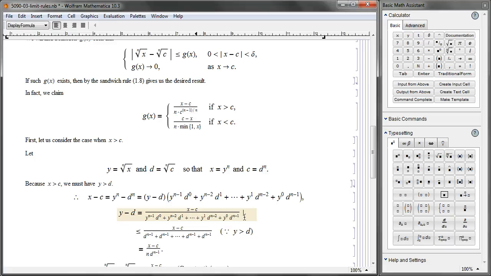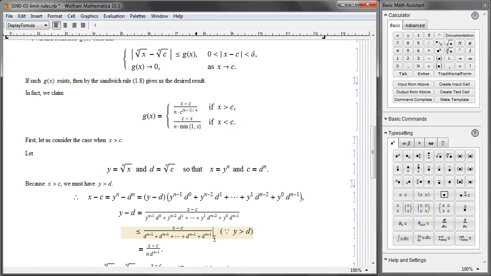So if I replace all the y's by d's, then I'm gonna reduce the denominator, which means the overall expression will become bigger. And if I replace all the y's by d's, then you're gonna get d to the n minus first power, another d to the n minus first power, and so on and so forth. They're all d to the n minus first power.